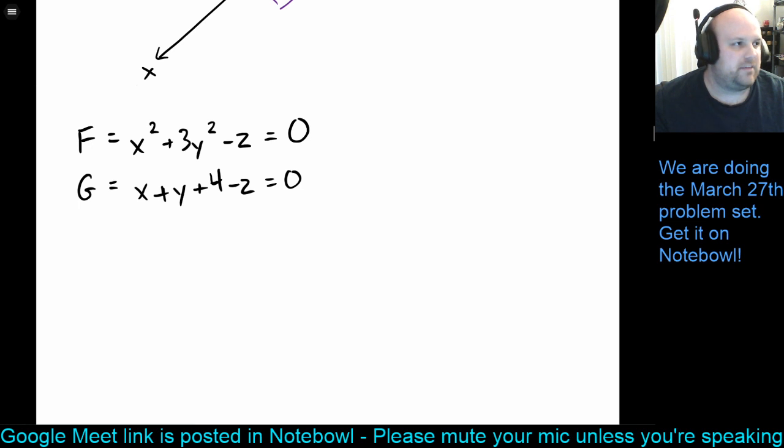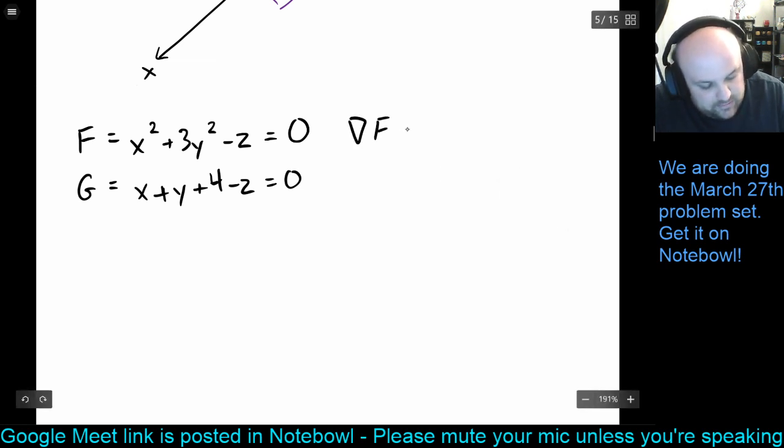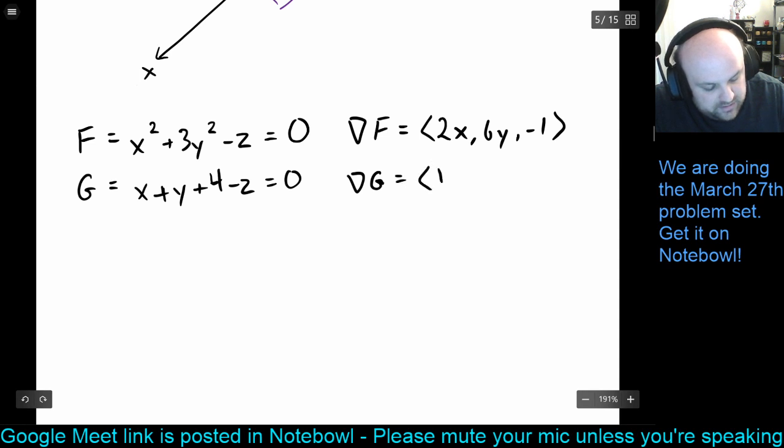You can move everything but the 4 to the other side. It doesn't really matter which way you want to do that. So let's find our gradients. Gradient of f is 2x, 6y, and negative 1. Gradient of g is 1, 1, minus 1.